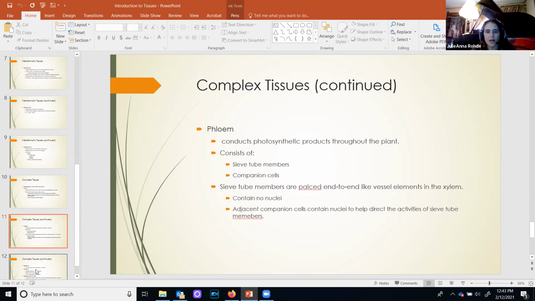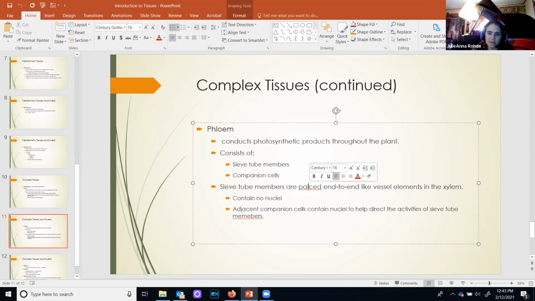And we have two types of cells involved. We have sieve tube members and companion cells. The sieve tube members are placed end to end like the vessel elements. The interesting thing about the sieve tube members is that they don't contain nuclei.